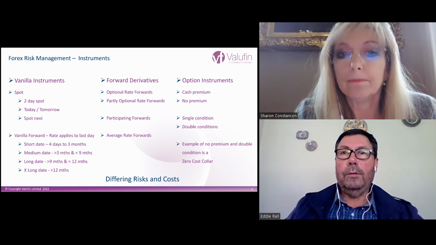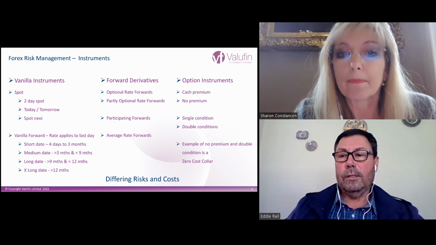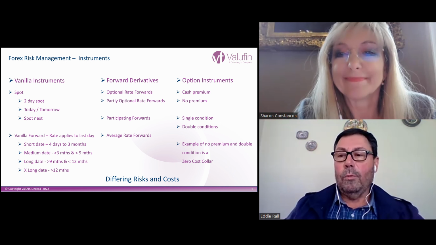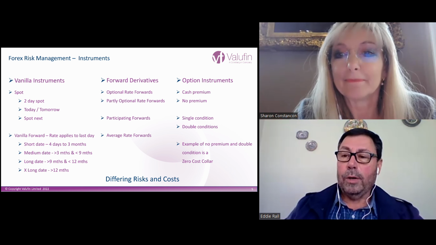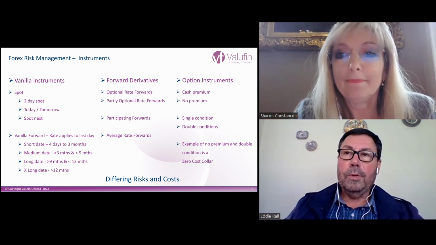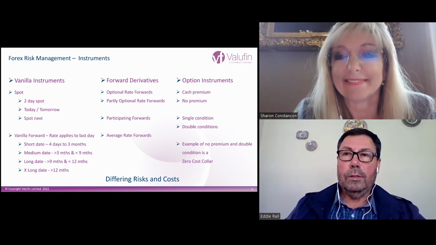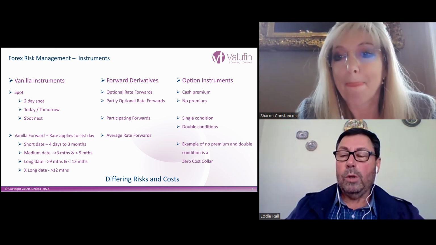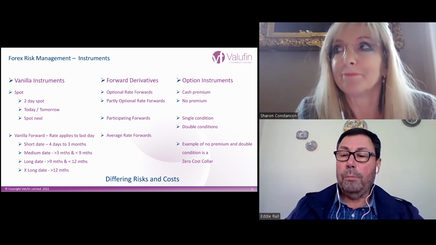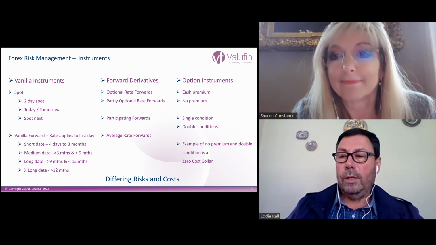So if your view is just half right, you're always going to do better in the vanilla product than you would in the derivative. So I don't like the derivatives and I don't use them, and I've had plenty of opportunity to use them. I've never used them because I could not find compelling reasons to actually use them.